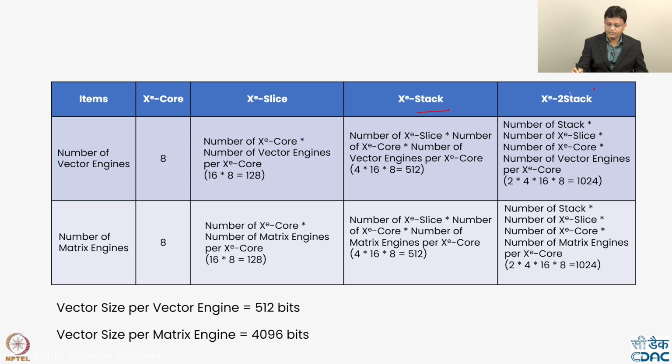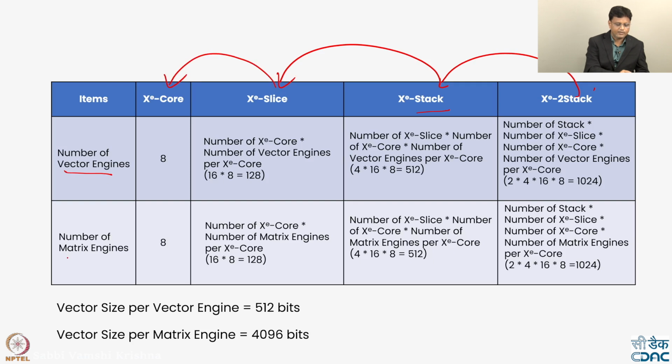So, you can see that we have started this learning process from 2 stack to single stack to slice, and within a slice there is an arrangement of Xe cores. Within that Xe core there are 2 elements, vector engine and matrix engine, and in each Xe core there are a total of 8 vector engines. Similarly, there are 8 matrix engines.